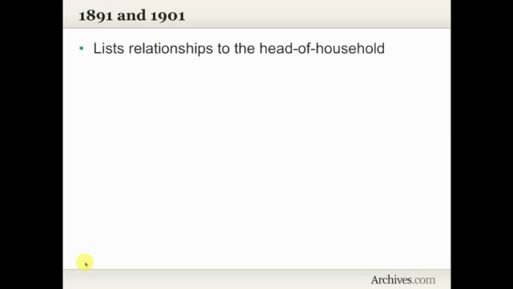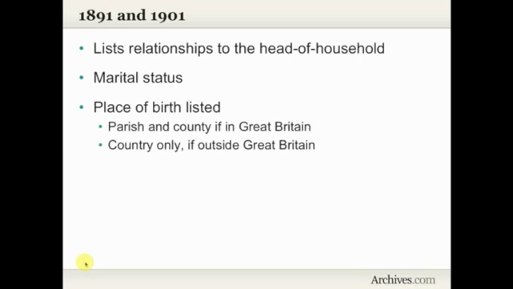What's great about these more recent censuses is that they list the relationships of everyone to the head of the household, so you don't have to guess how these various people are related. It's actually a question on the census. You also see information about marital status. And what's wonderful about these records is that it will list the place of birth.